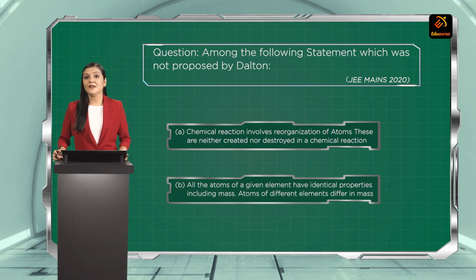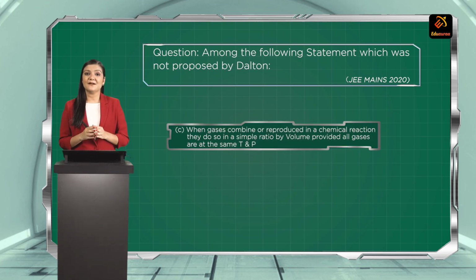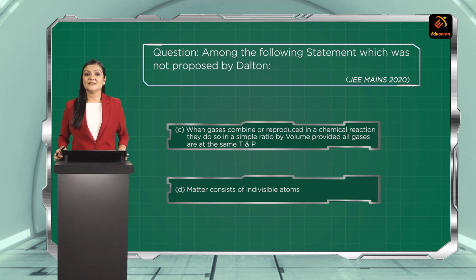Option B, all atoms of a given element have identical properties, including identical mass. The atoms of different elements are different in their mass. Option C, when gases combine or are reproduced in any chemical reaction, they do so in simple ratio by volume, provided all gases are at same temperature and pressure. And the last option is, matter consists of indivisible atoms.